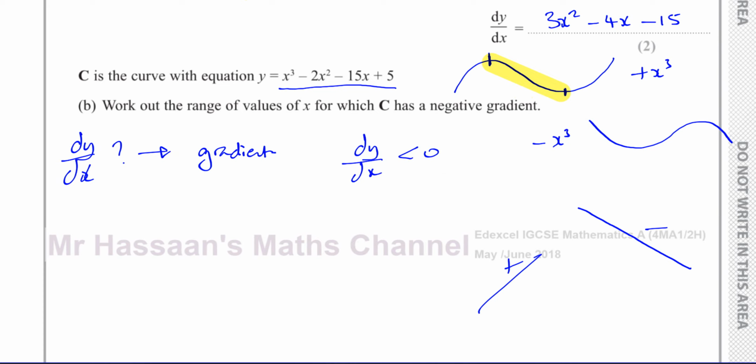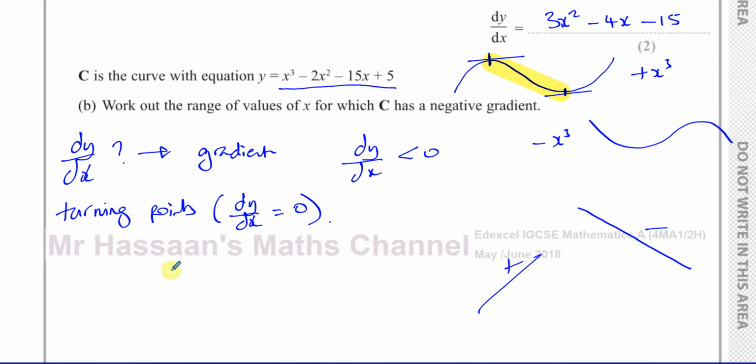So what we need to do is find where the turning points are. This is one turning point, this is the other turning point. At the stationary points, the places where the curve turns, if we drew tangents there, then the gradient would equal 0. So at the turning points, dy/dx is equal to 0.